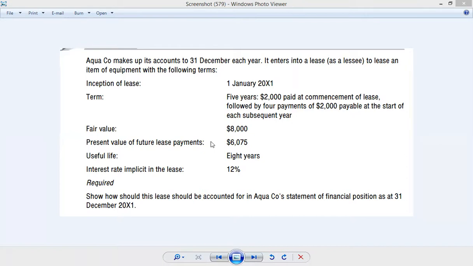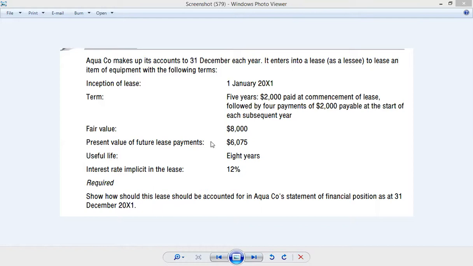Inception of the lease, 1st January 2011, or X1. Term, 5 years, $2,000 paid at the commencement of the lease, followed by 4 payments of $2,000 payable at the start of each year.